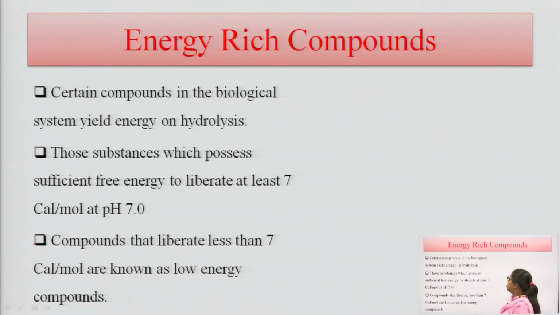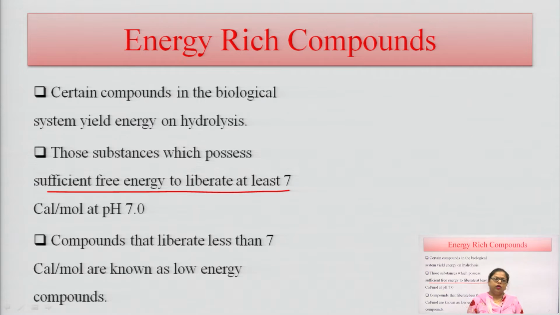Energy rich compounds are compounds in the biological system which yield energy on hydrolysis. These substances possess sufficient free energy, liberating at least 7 kilocalorie per mole at pH 7, that is, neutral pH.